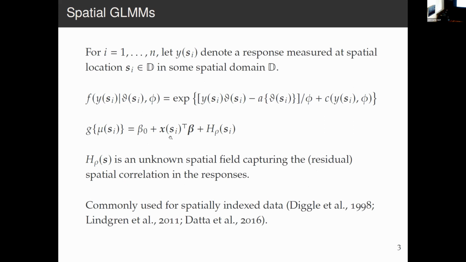But since what we actually observe is the error-contaminated version W, if we just replace X with W and try to fit this spatial GLMM naively using W, then typically our estimator beta hat is going to have a bias, or an attenuation towards 0. It's going to be shrunk towards 0. And that's the problem. This attenuation towards 0 in this spatial context is the problem that we address in this work.